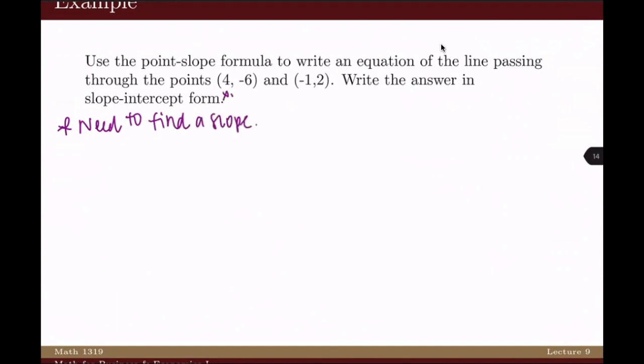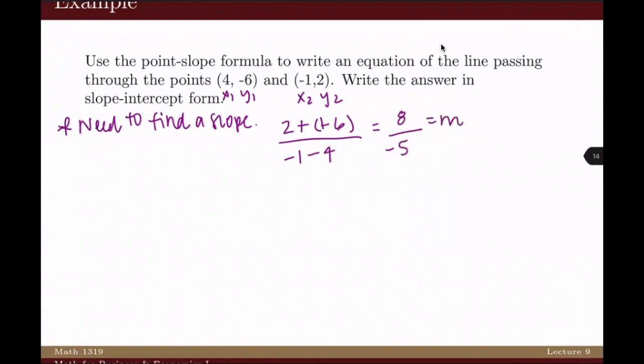Here's x1, y1, x2, y2. So I'll have 2 minus negative 6 divided by negative 1 minus 4, right? This is going to equal, a minus is a plus, so we'll have 8 divided by negative 5 as my slope.